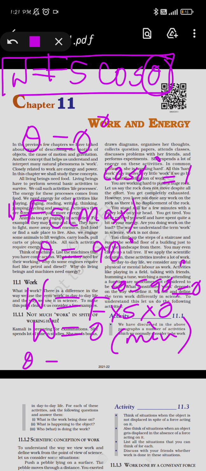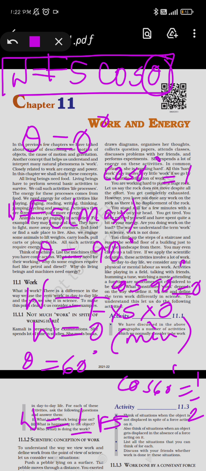If theta equals 60 degree, like you are trying to tie a rope to a car or any toy and you are trying to pull it, that means you have an angle of theta equals 60 degree. At that time cos 60 is given as 1 by 2, that means half. The value is half. So work done will be half into Fs. That means your work done will be halved.